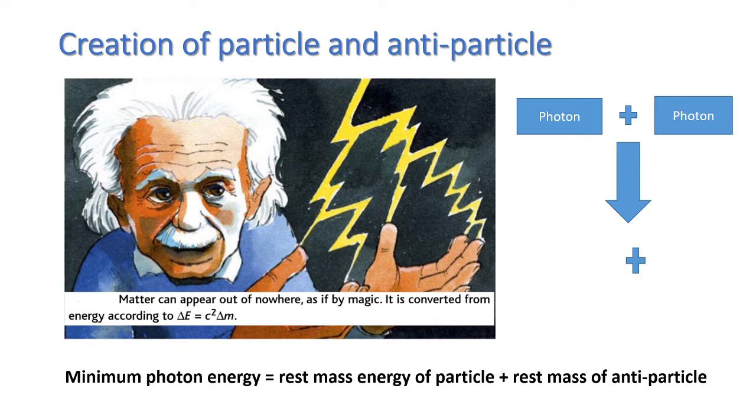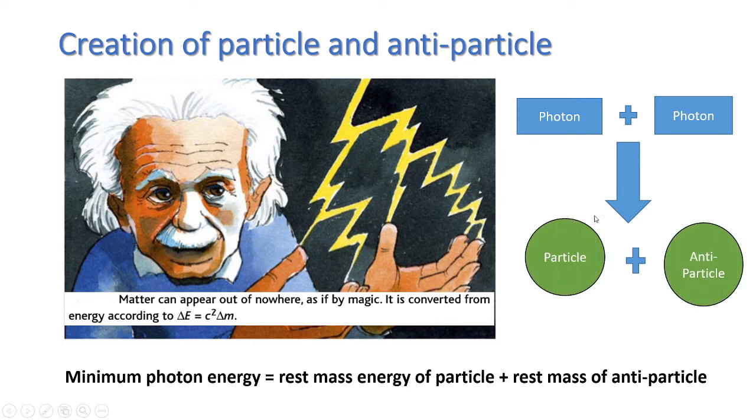When we think of the creation of a particle and antiparticle, it is observed that two photons get together to form a particle and antiparticle. This is known as pair production. So pair production happens with the involvement of two photons.